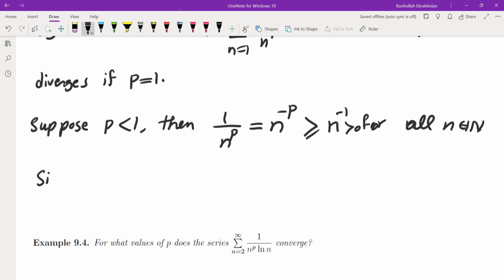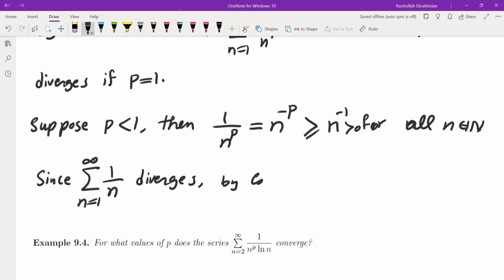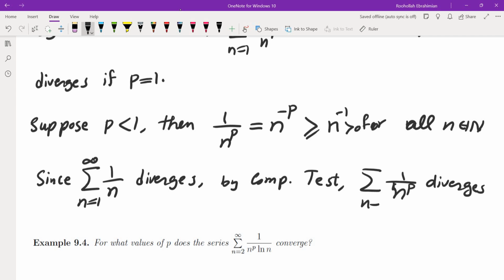Now, since the sum of 1 over n, n equals 1 to infinity, diverges, by the comparison test, the sum of 1 over n to the p also diverges, n equals 1 to infinity.